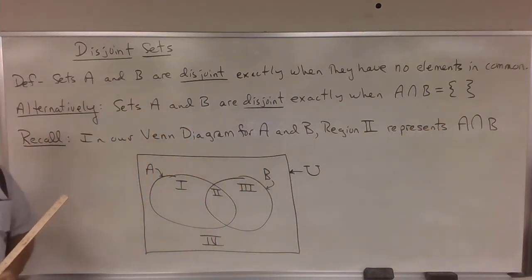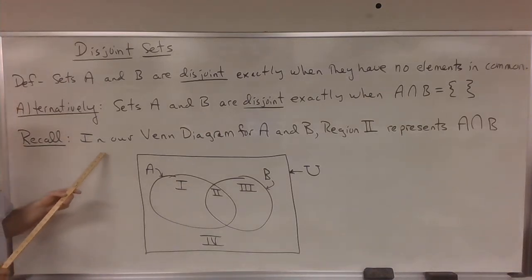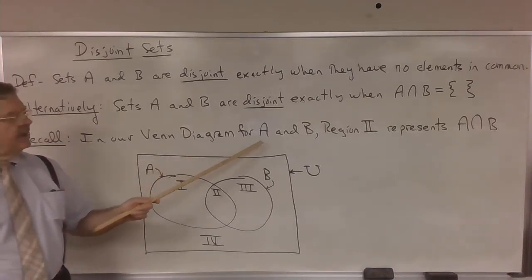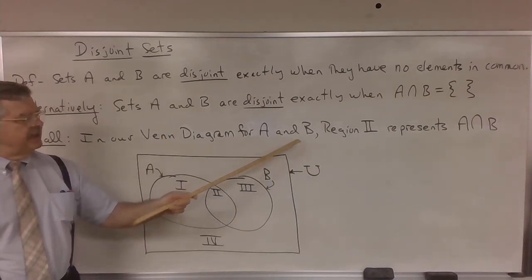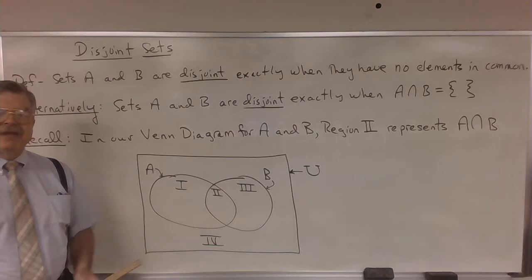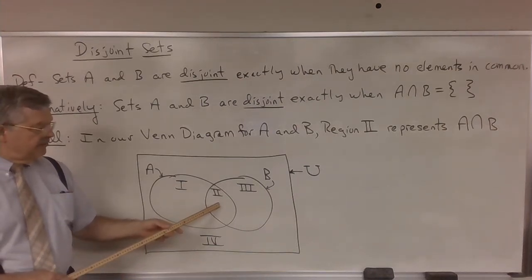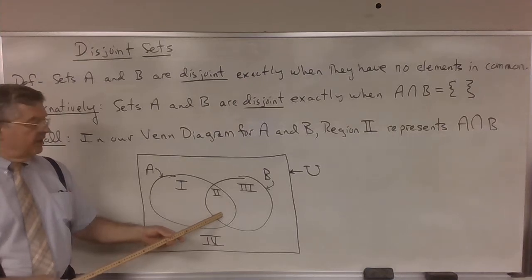Now remember, for Venn diagrams, in our Venn diagram of sets A and B, region 2 represents A intersect B. So here's region 2 right here.